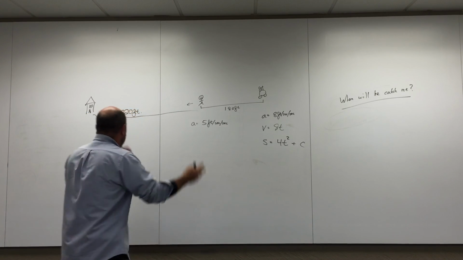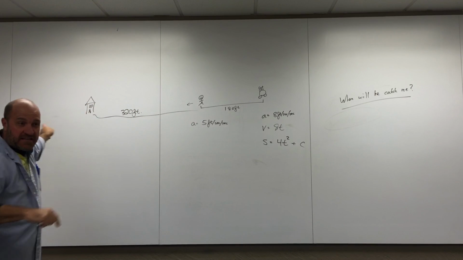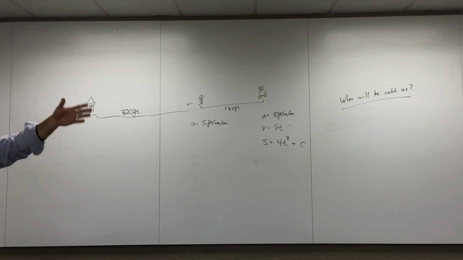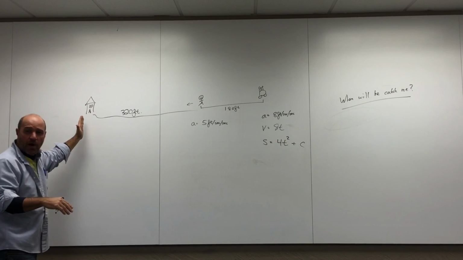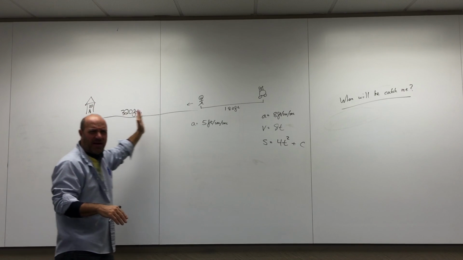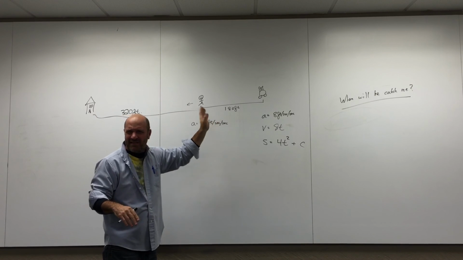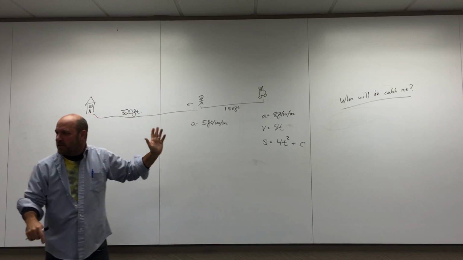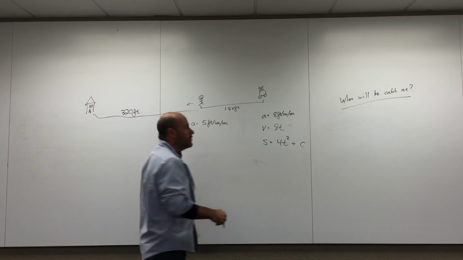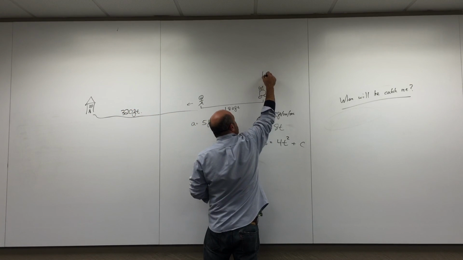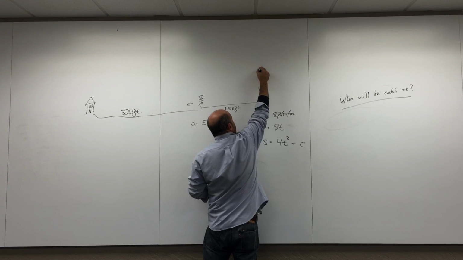Look, there's a bunch of numbers on the board. At some place, you should call some place 0. What do you want to call 0? The bear could be 0. Okay, cool. So the bear is s equals 0.